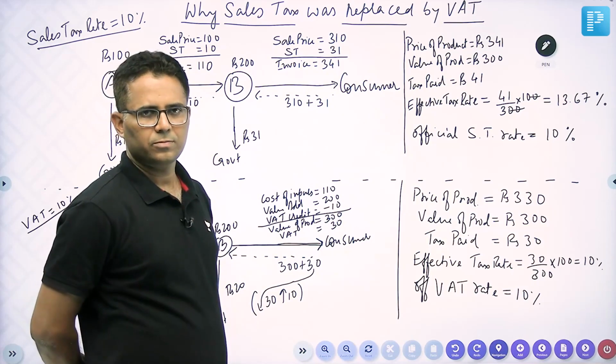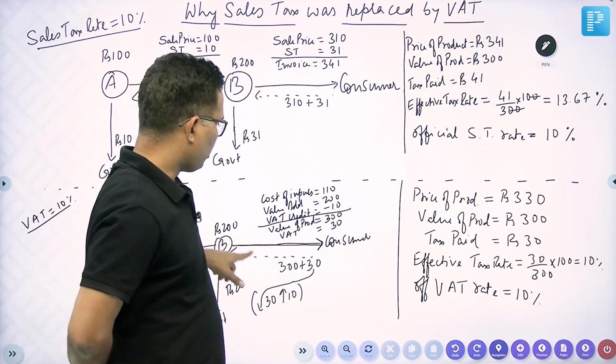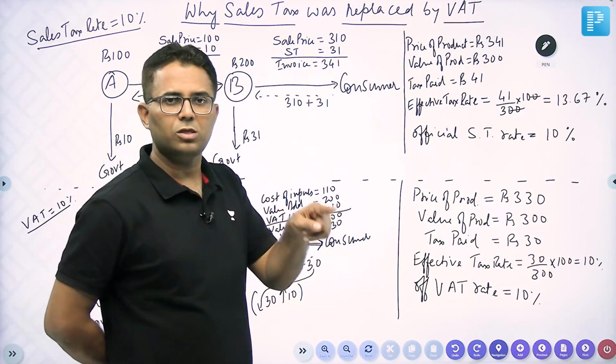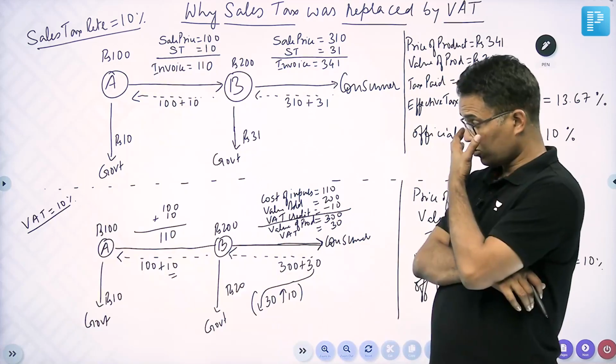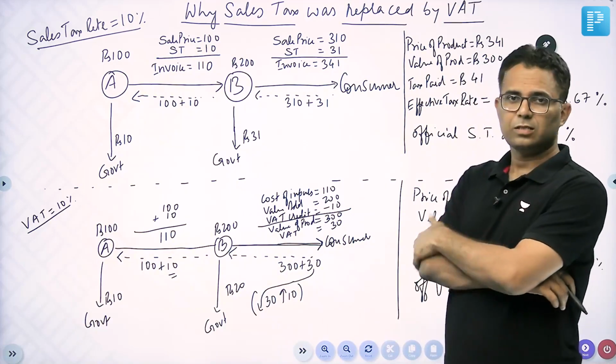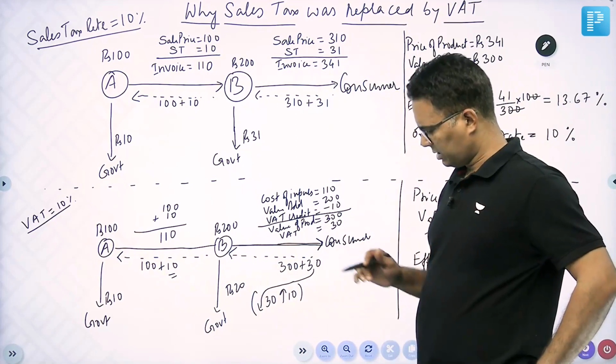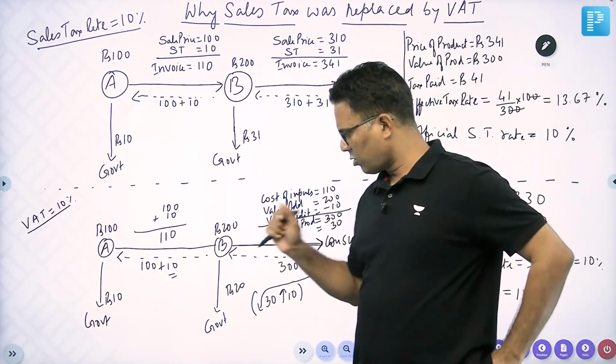There is no difference. And why is this so? Because of VAT regime, because in case of VAT, tax is paid only on the value addition of the supplier. Right? Before that let me tell you one or two more things.